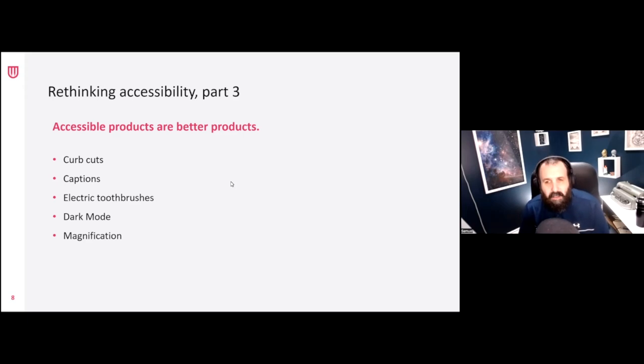Captions make it possible for those who are deaf or hard of hearing to interact with videos, but they also make it possible for us to interact and enjoy videos when we're in a situation where we can't hear or can't enable sound.